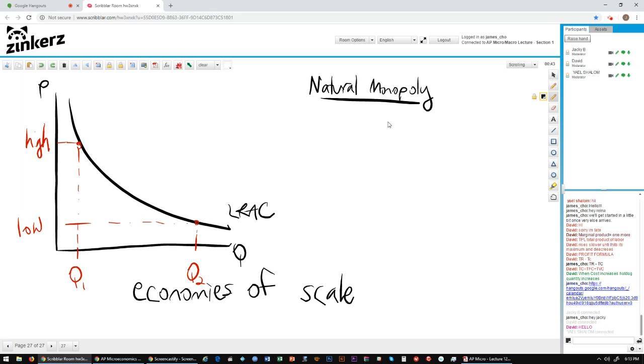If there's only one company selling a product, that means if you want to buy it, you have to buy it from that one company. What do you think is going to happen to the price? It's going to go up. Yeah, it's going to be extremely high because that company knows if you want to buy it, you have to buy it from me. I'm sure you guys have played Monopoly before, the board game. Yes.